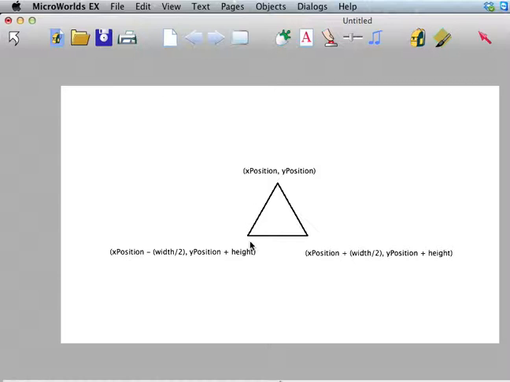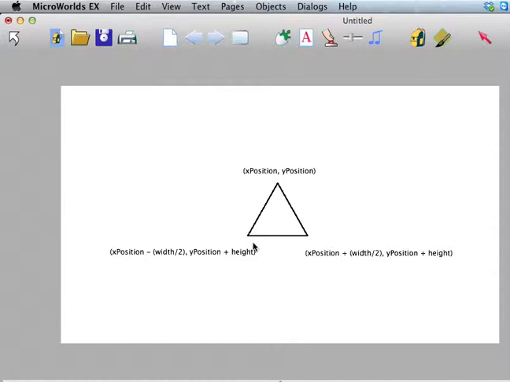And y position plus height, if this is the height of the triangle, and this is y position, then y position plus height takes you down here, and subtracting off width over 2 brings you right to this point. So this point is x position minus width over 2, comma, y position plus height.